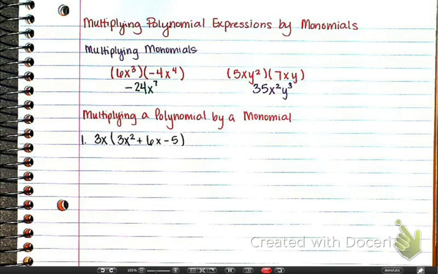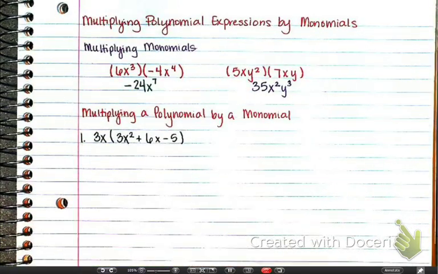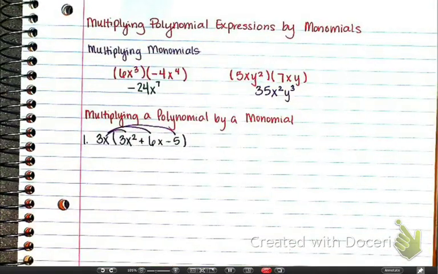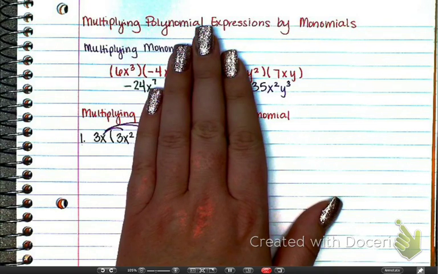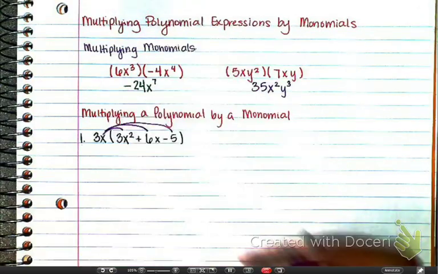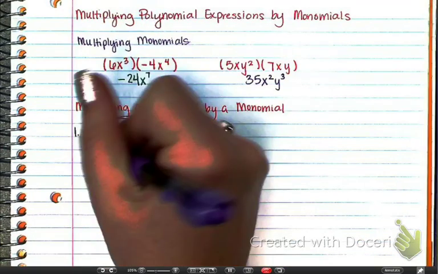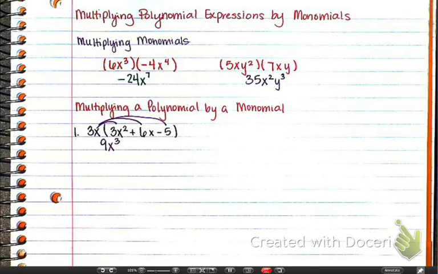What do you think you're going to do? Distribute, right? You're going to distribute the outside 3x to everything on the inside. So take one term at a time. If you need to cover it up, you can. What's 3x times 3x squared? 3 times 3 is 9. X times x squared. How many x's do you have total? 3. So 9x to the third is that first term.